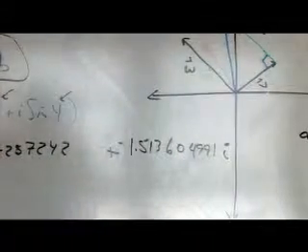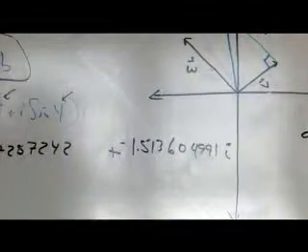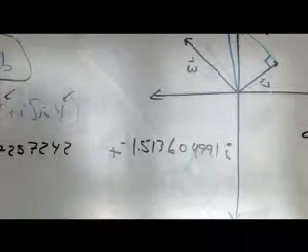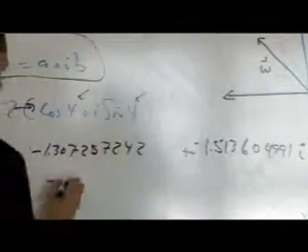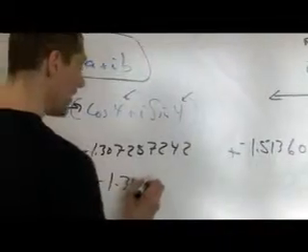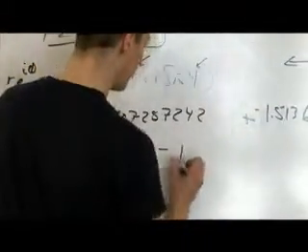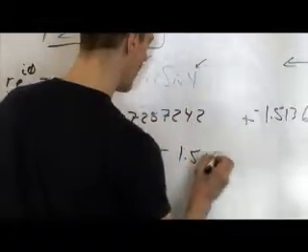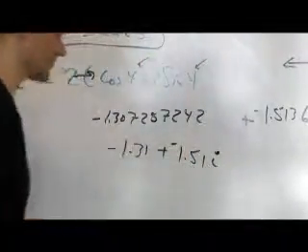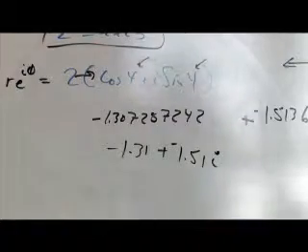It really depends who you're working for and what you're doing. I would say that this is pretty close to minus 1.31 minus 1.51i. This is a reasonable approximation.